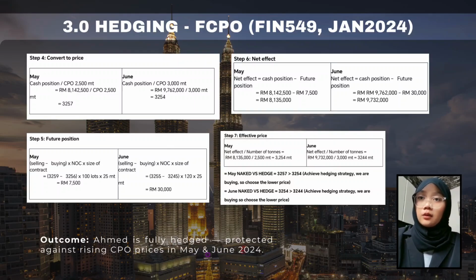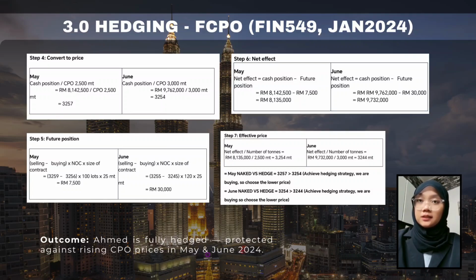For June, the price moved from RM 3,245 to 3,255, so that is RM 10 per tonne. 10 times 120 contracts times 25 tonnes is equal to RM 30,000 of profit.